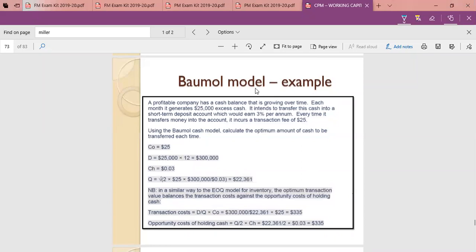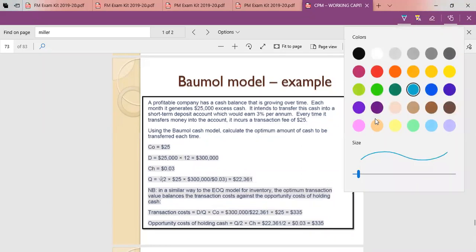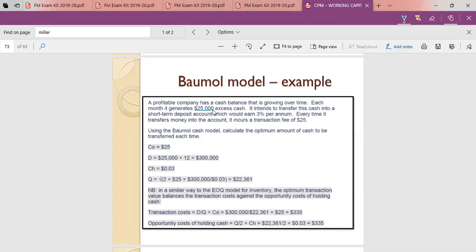The terms are: each time it generates $25,000 excess cash, each month, so month wise.